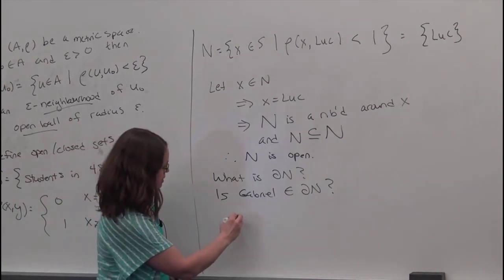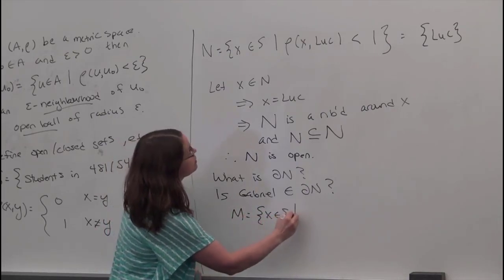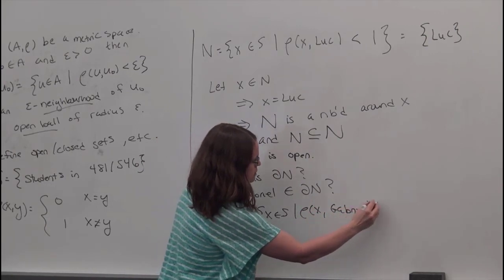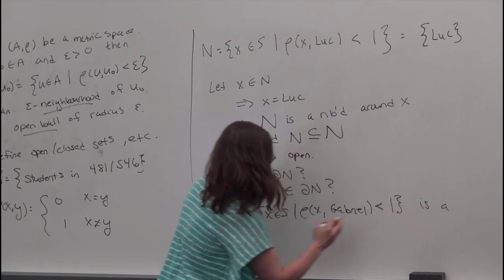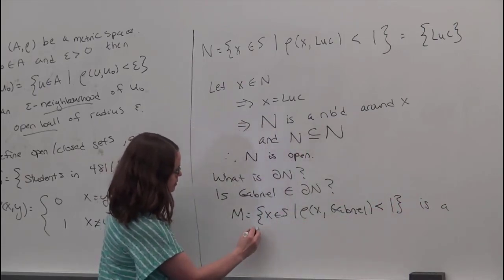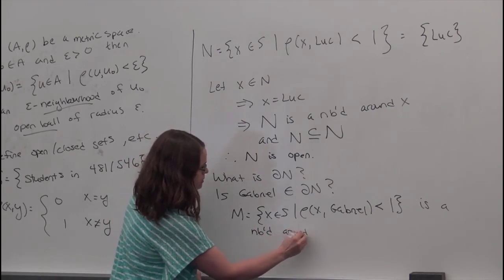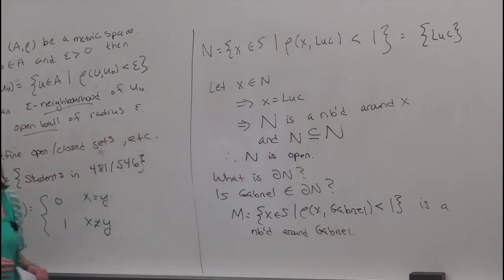Let's call this M. Okay, this is an open set around you. Okay, what's in this set? Well, for you to be a boundary point, any neighborhood I draw has to contain a point that is in N and a point that is not in N.